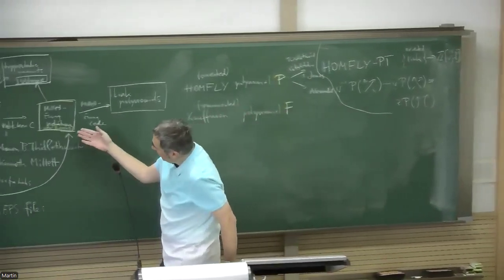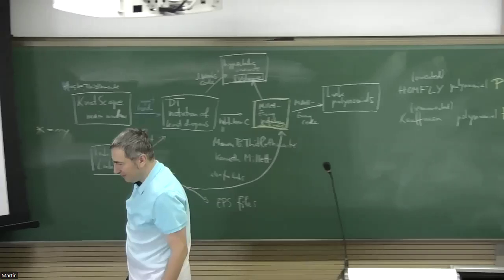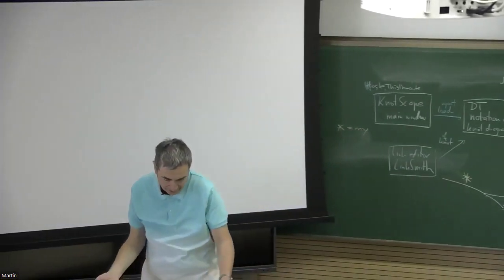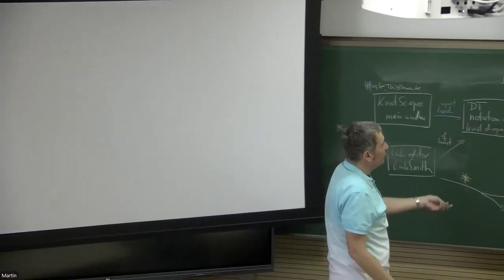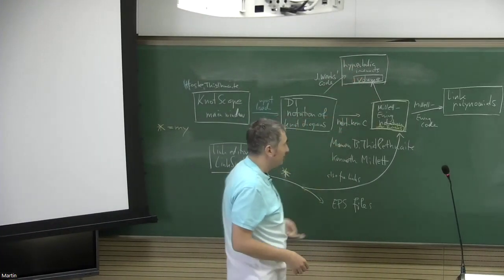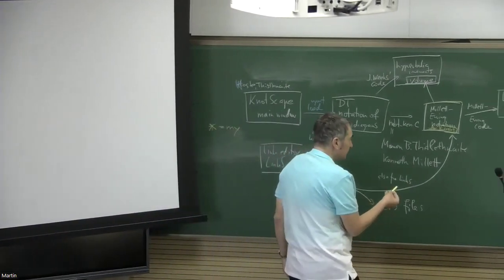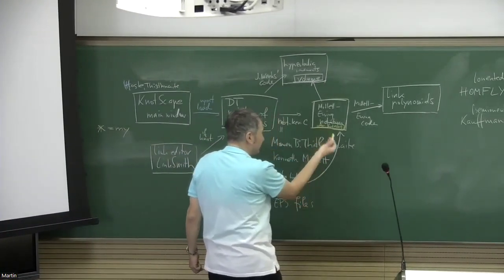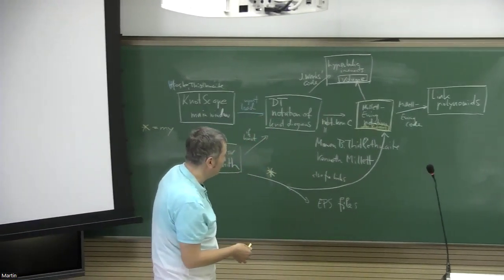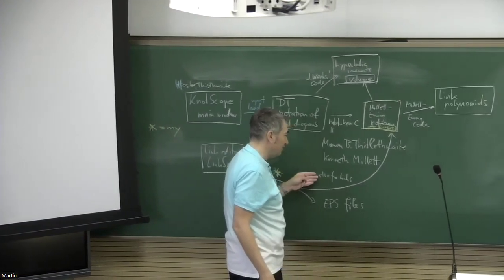And I use this, for example, as an interface to compute volume of links. Maybe you can get also some of the other hyperbolic invariants from here, but for me it was enough to compute volume. So one of the obvious advantages of the Millett-Ewing notation is that it also works for links. So you do not need one component.